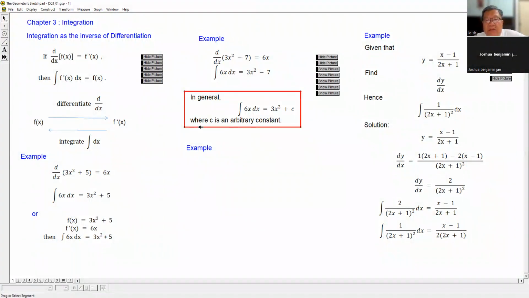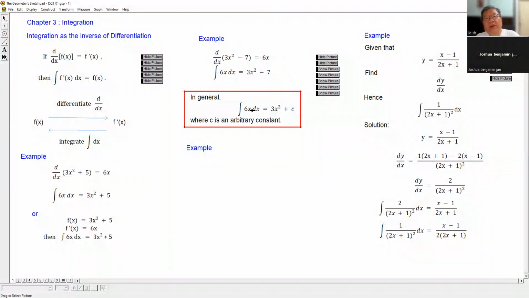So in English, we say C is an arbitrary constant. Arbitrary constant means it can be any constant. Arbitrary, you simply go and choose one number and say that is the constant, right? It can be any number. Sebarang, in bahasa Melayu is sebarang. Any constant, right?